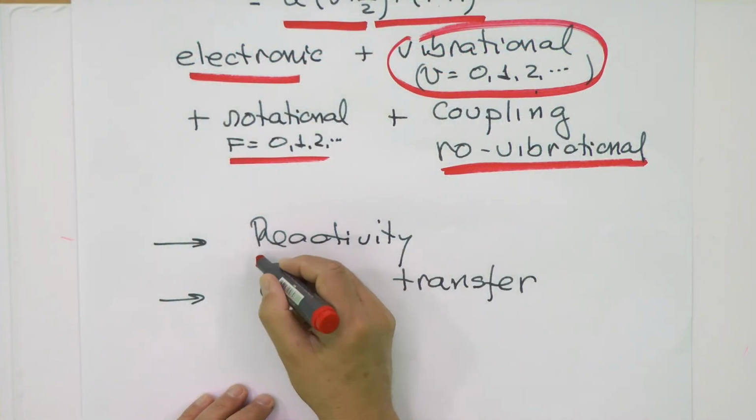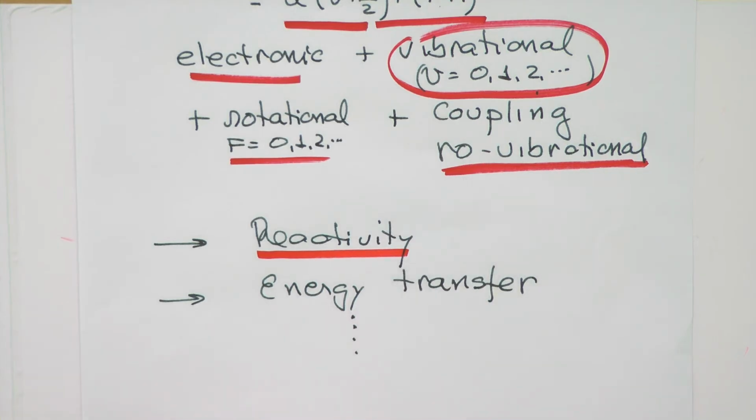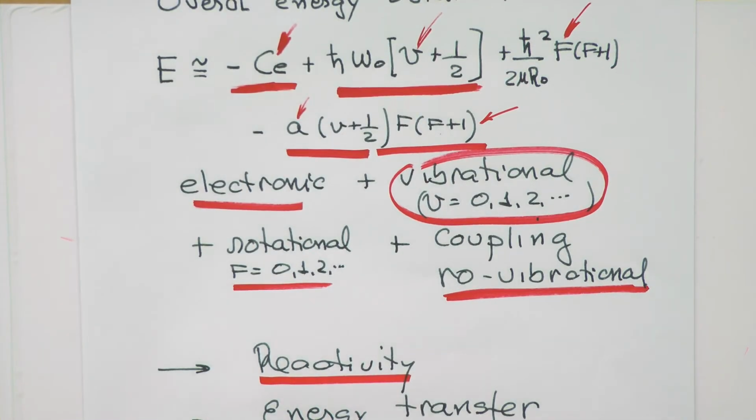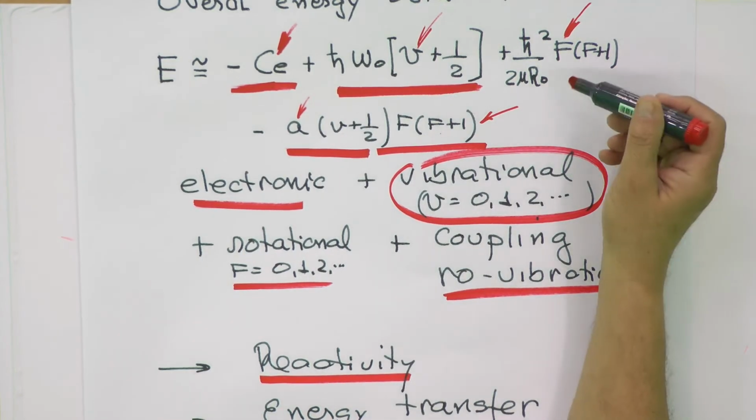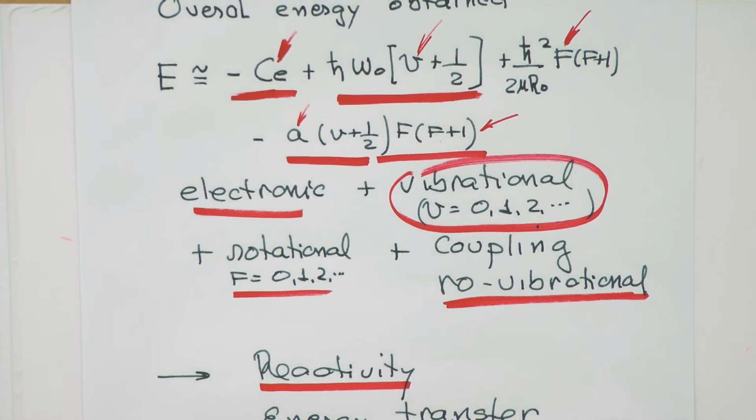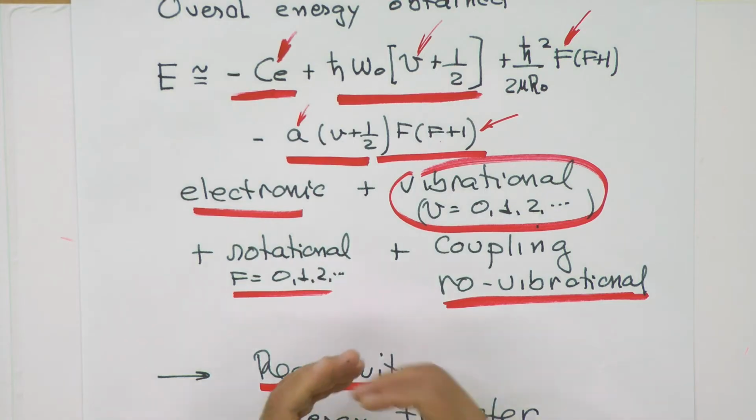Now, what's happening with all this? Well, that's how the reactivity of molecules takes place: depending on the electronic energy, the vibrational energy, and the rotational energy, you get different reactivity. Imagine a molecule that's rotating. It may react more easily than when it's not rotating. Vibration too.